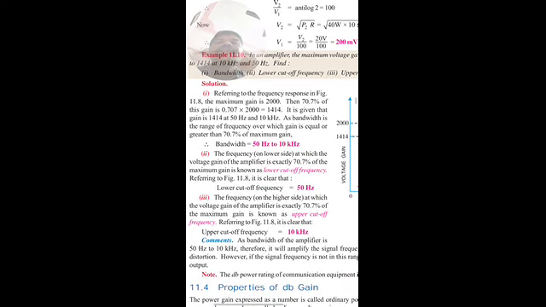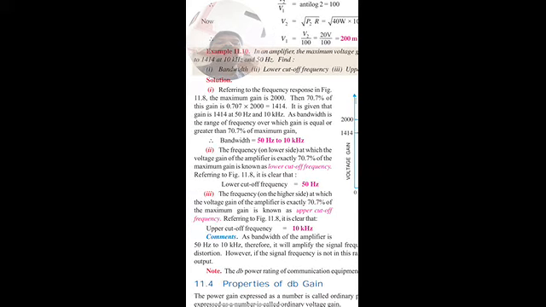The maximum gain is 2000, then 70.7% of this gain is 0.707 times 2000, which is 1414. So it is given that the gain is 1414 at 50 hertz and 10 kilohertz.